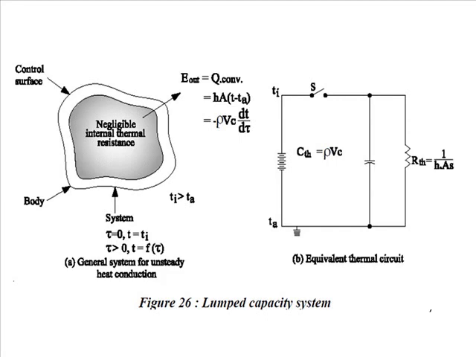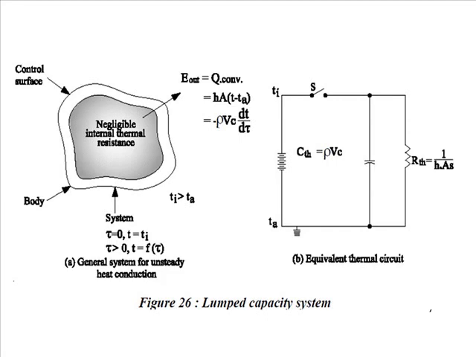Figure number 26b talks about the equivalent thermal circuit. In figure 26a you can observe the equation E out equals Q convection, which equals h A delta T, which equals minus rho V c dT by d tau.